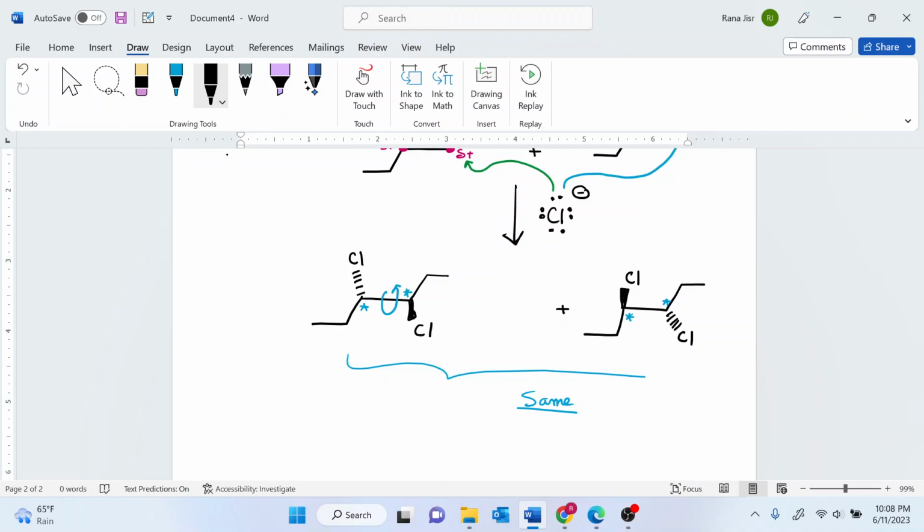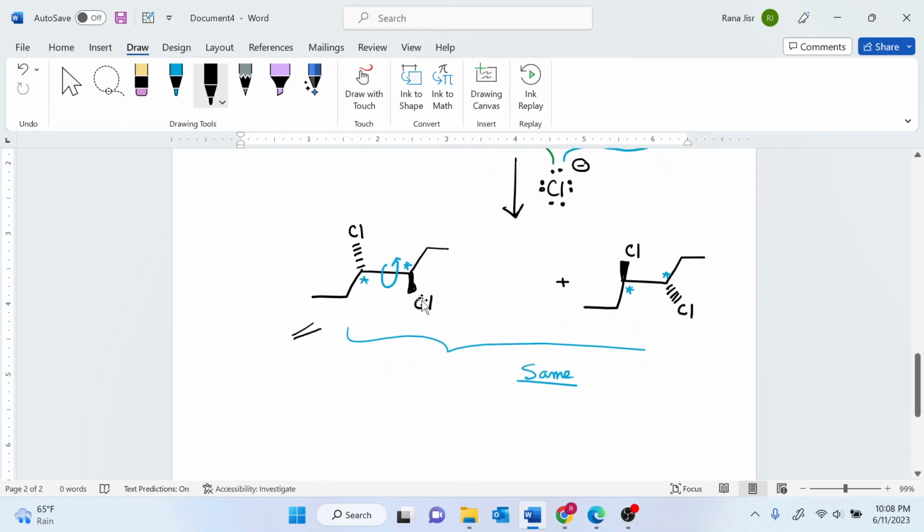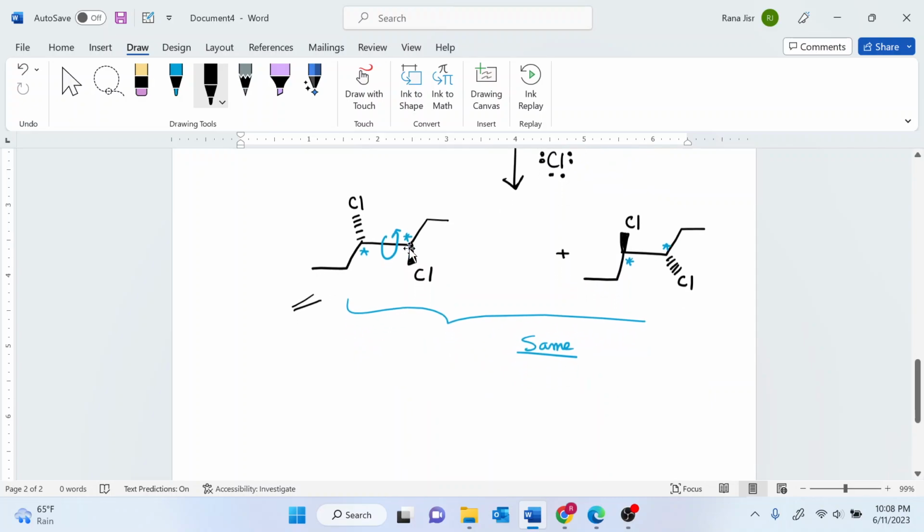And if I do a simple rotation around this carbon, then this chlorine is going to be behind. So I'm going to end up having a meso compound in this case. So I'm going to end up having a chlorine which is behind here, and the chlorine which is behind in there. So this is going to be a simple meso compound.